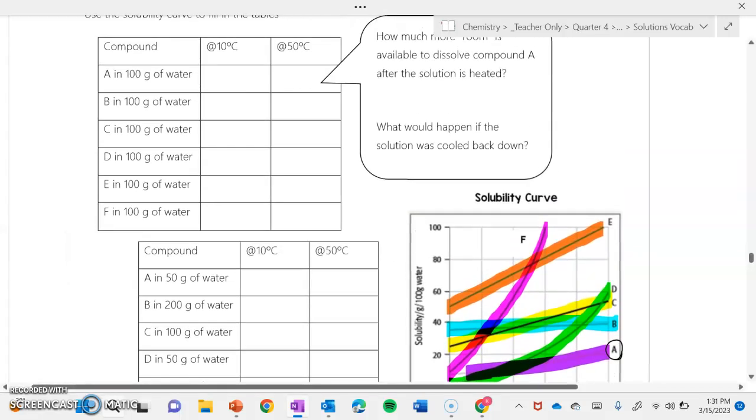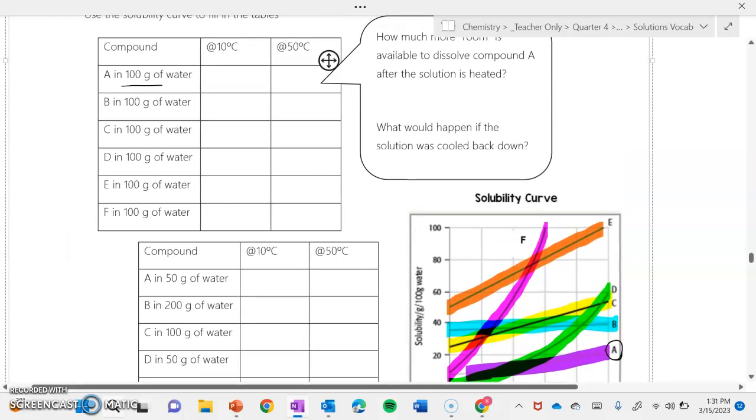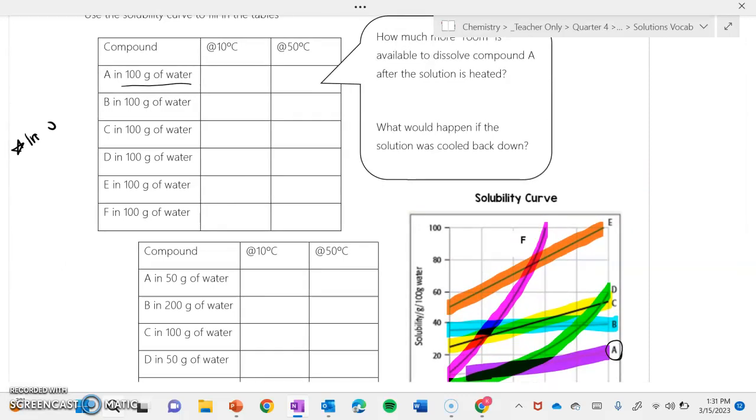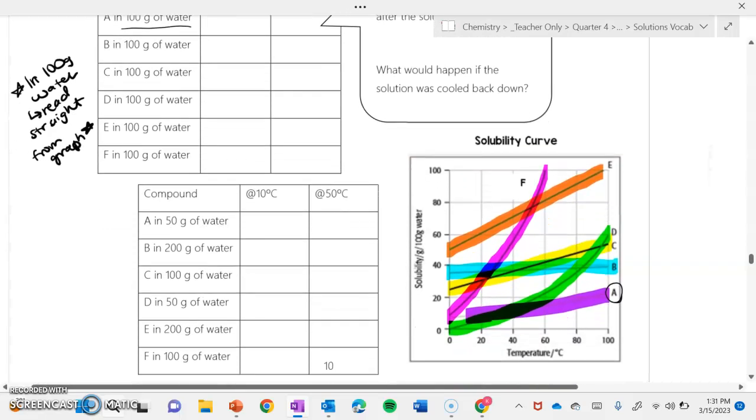So when our first table says all of these are in 100 grams of water, you can read straight from the graph and put it in your table, because 100 grams is the default.